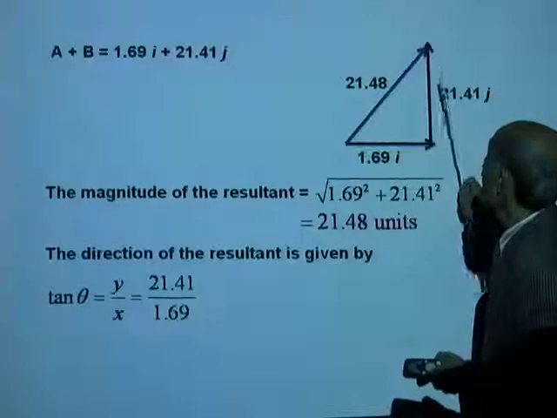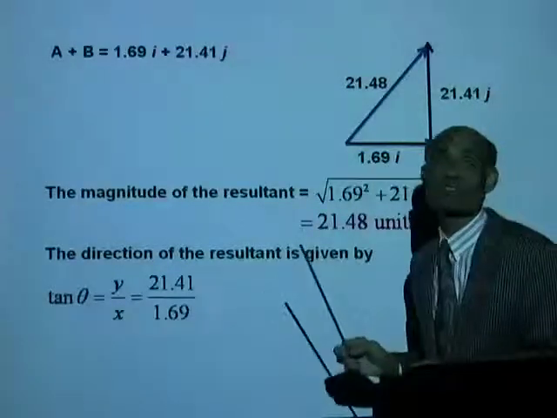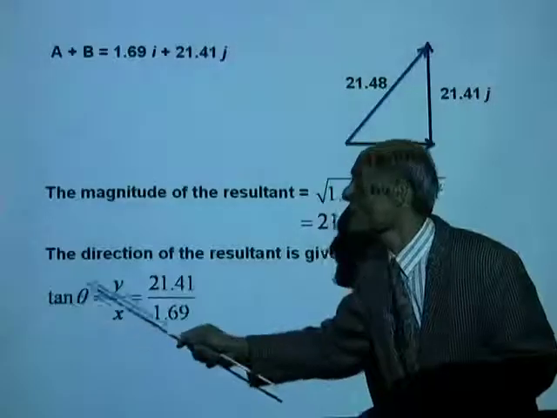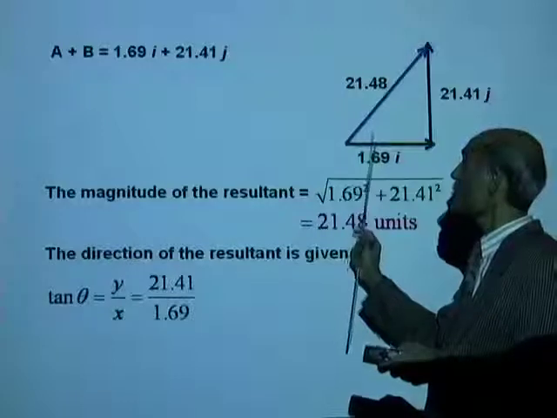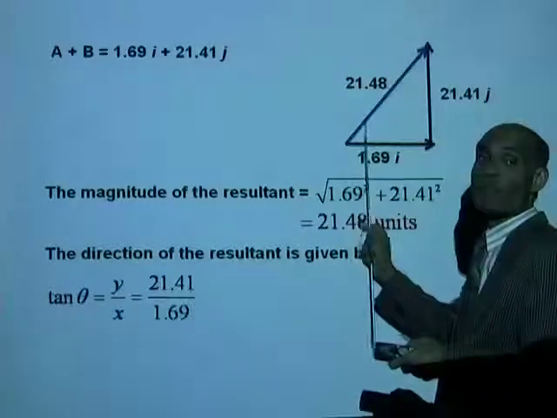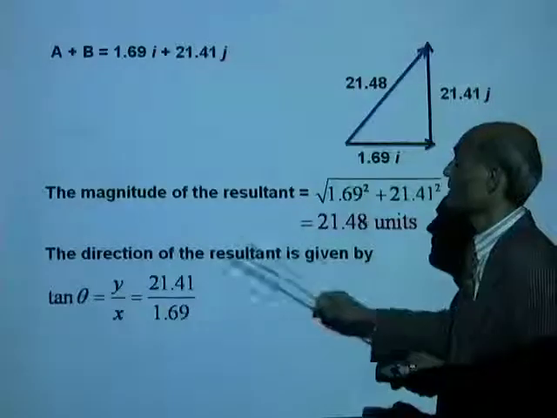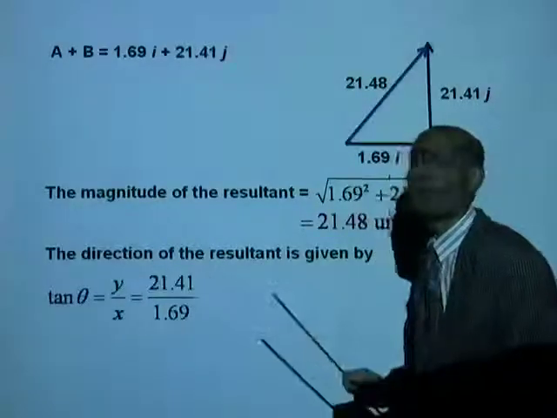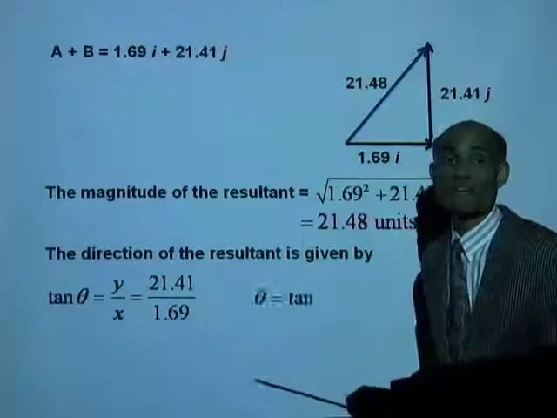Y is 21.41, x is 1.69. So tan theta equal to y over x. Remember, we are talking about theta, this angle. Tan theta equal to y over x. That is 21.41 divided by 1.69.